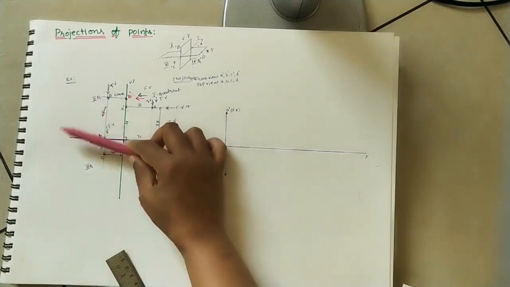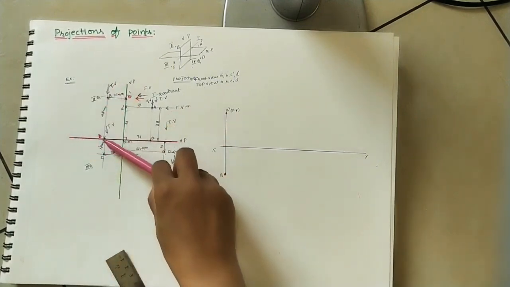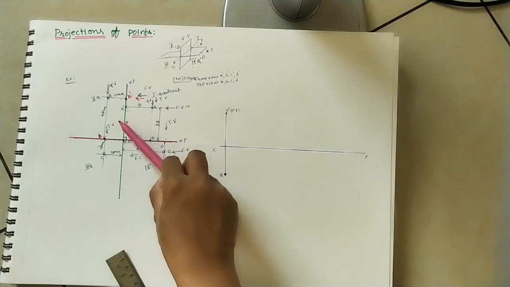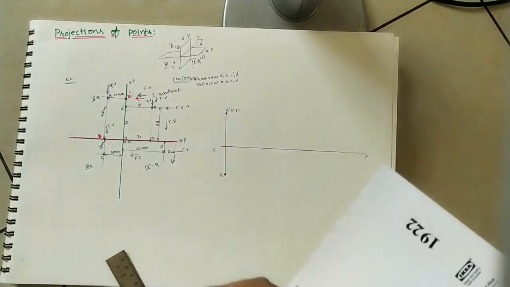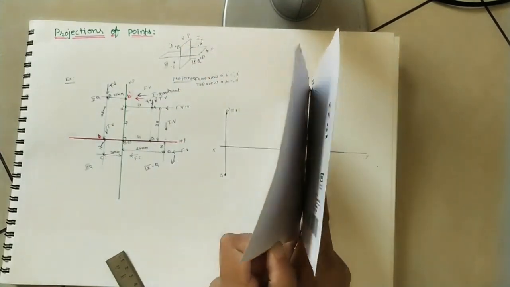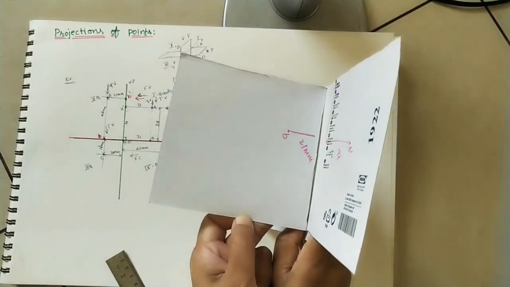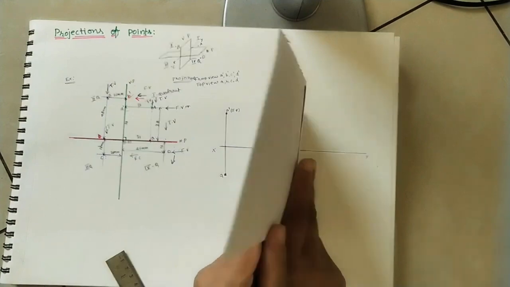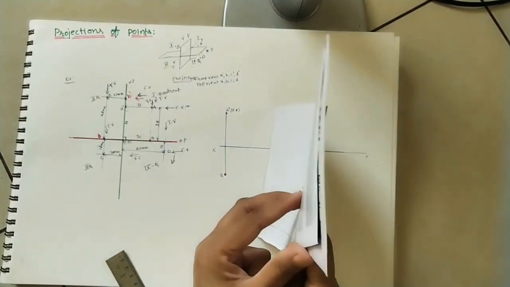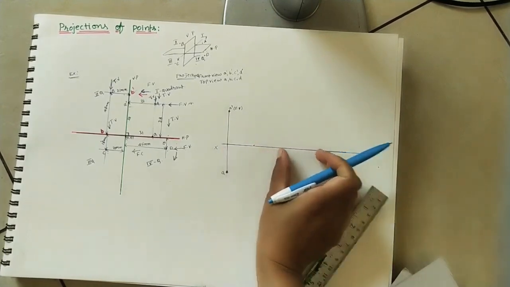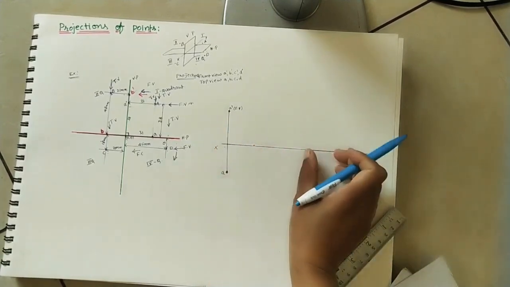After tilting this horizontal plane, the B point is also coming here, on the B dash line. Here both B dash and B will coincide with each other like this. We are tilting the entire plane like this, so this plane will go in the downward direction and this plane will come in the upward direction. Here give some equidistant gap from one example to another example.